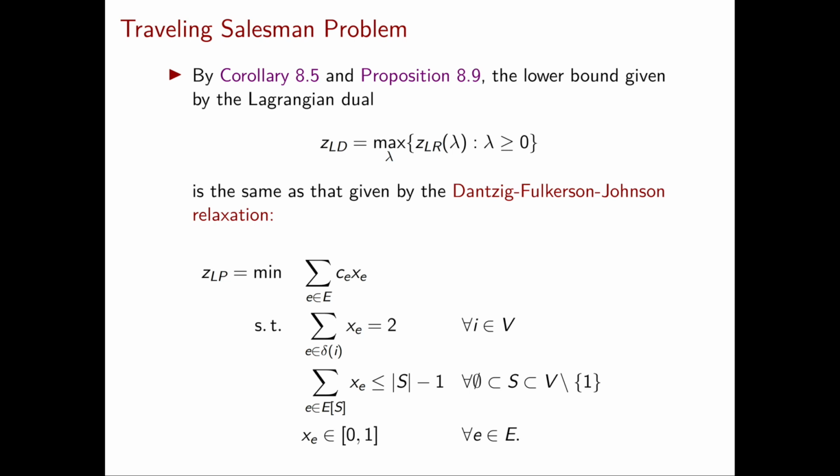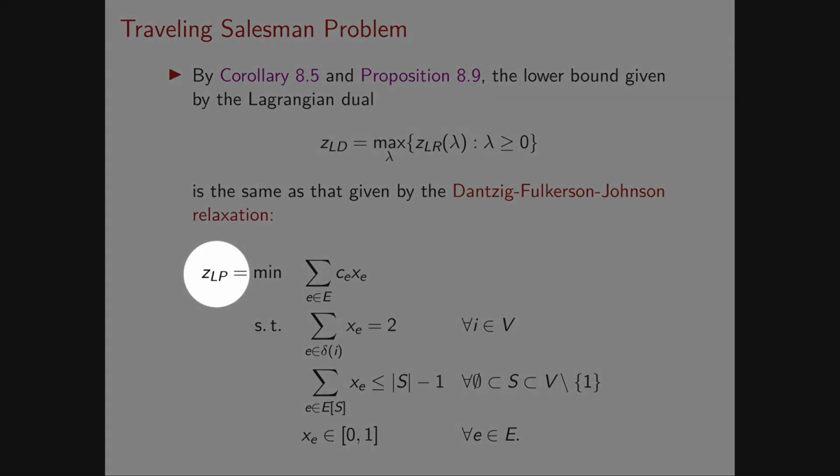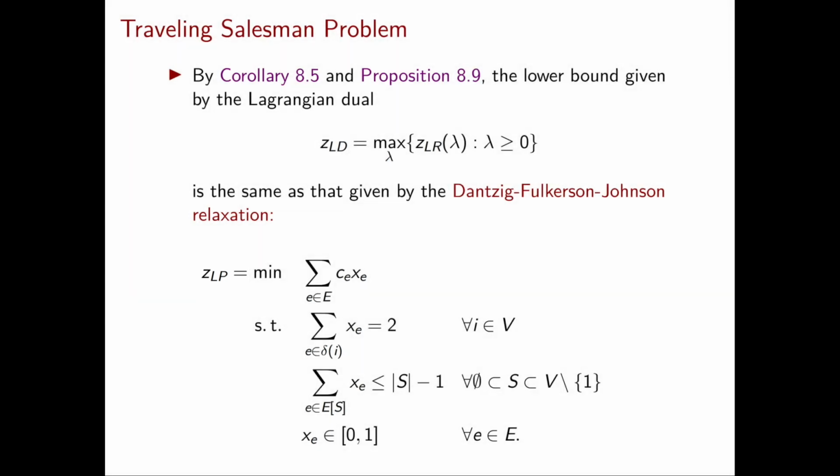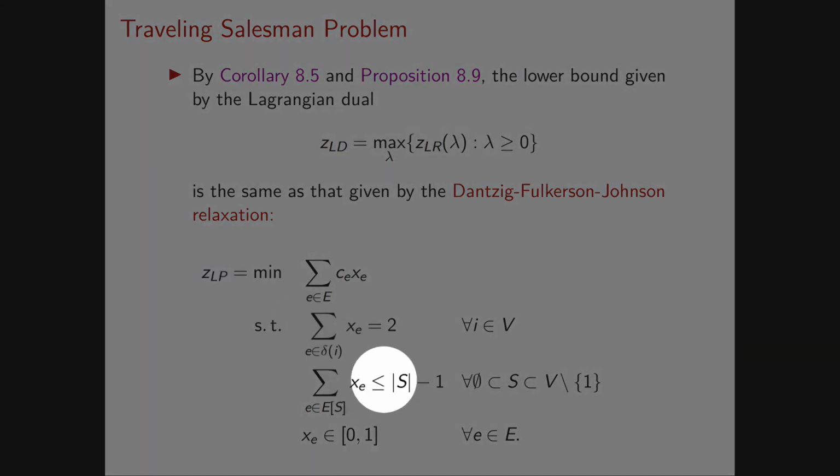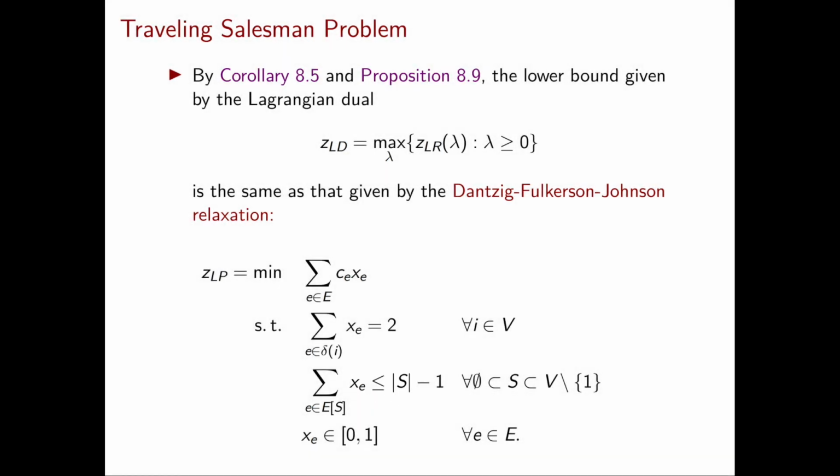So from a theoretical perspective, we can obtain ZLP efficiently. However, from a practical perspective, not that much, because at the end of the day, the ellipsoid algorithm is not very fast in practice. And besides, if you want to implement yourself and solve this problem without using any external software, you have a lot to code, because you have to code first the separation algorithm and secondly the whole ellipsoid method.